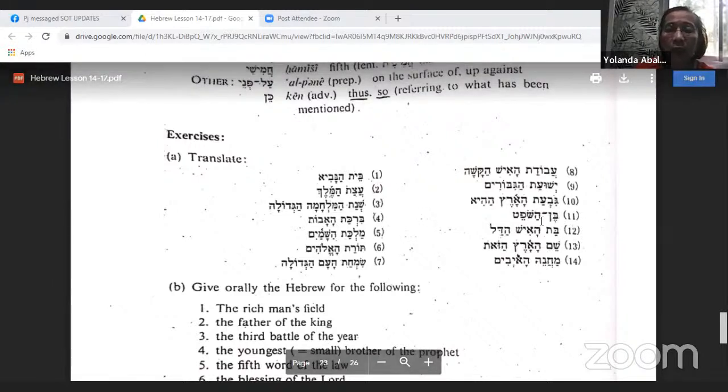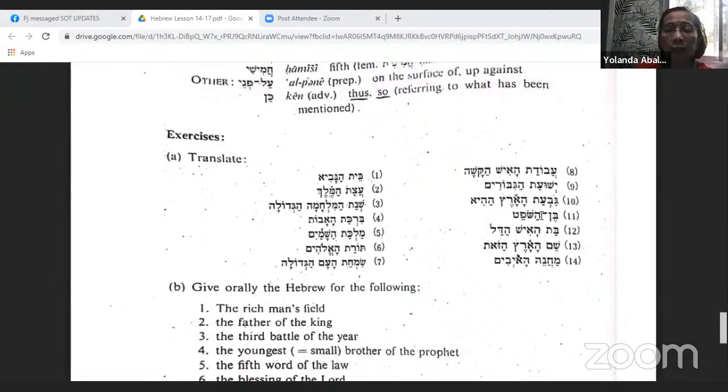Then Yehoshaphat, the son of Josaphat. Bat Haish, the daughter of the man Hadal, who is poor, a poor man. Hadal, the poor man.